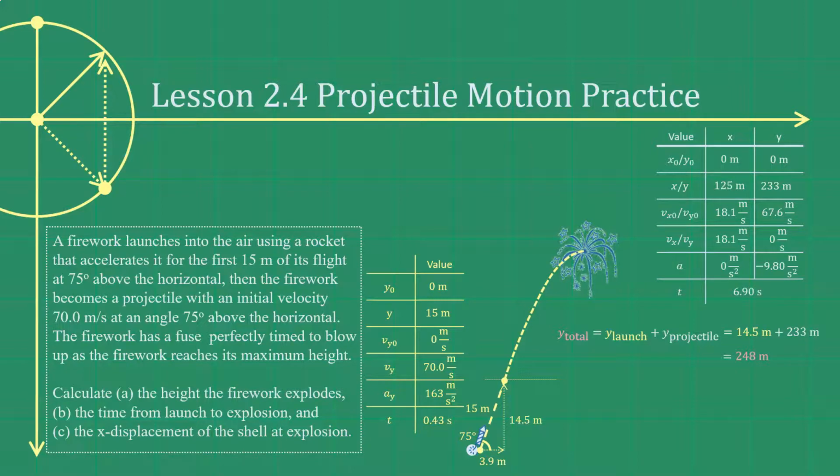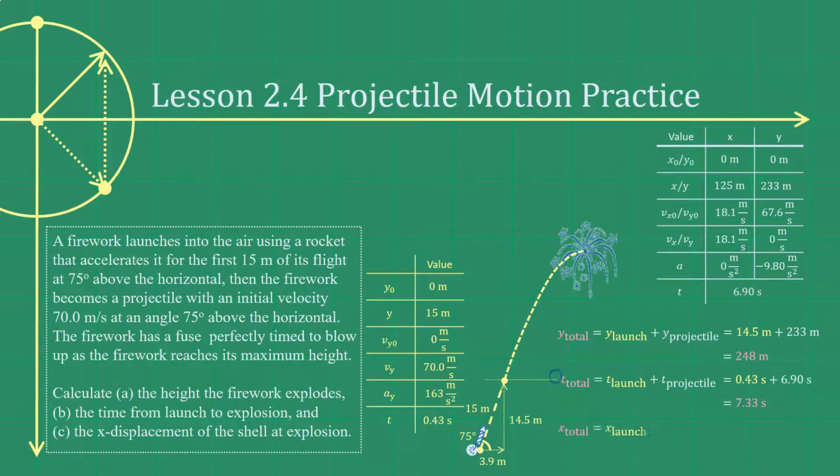What about the time? To get the total time, I need to add together the launch time when the rocket was burning and the projectile time after the rocket stopped burning, while it was only being affected by gravity. 0.43 seconds plus 6.9 seconds, a total time from launch to explosion of 7.33 seconds.